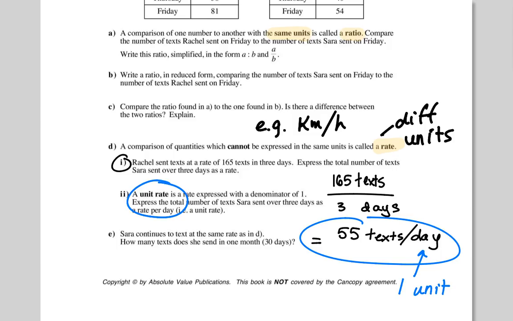So it's important that you understand that the rate is two different units, but the unit rate is for one. A denominator of 1.